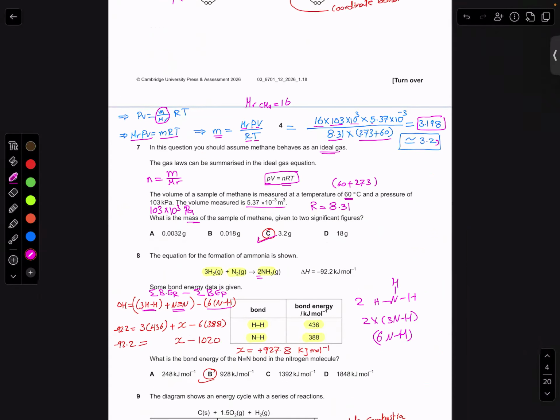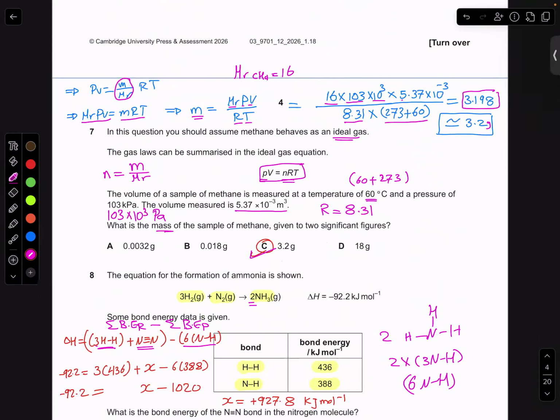Question number 7. In this question, you should assume that methane behaves like an ideal gas, so the gas laws can be summarized in the ideal gas equation: PV equals nRT. The volume of a sample of methane is measured at temperature 60. We have to convert it to Kelvin by adding 60 plus 273, and the pressure is 103.